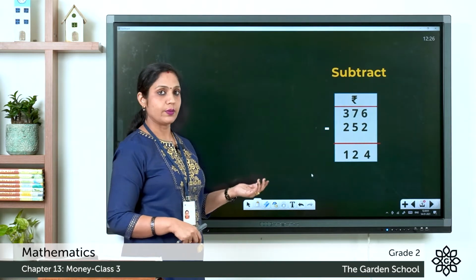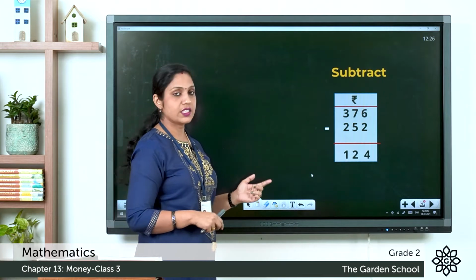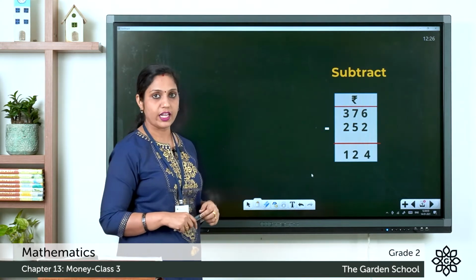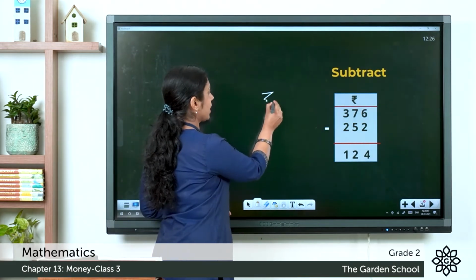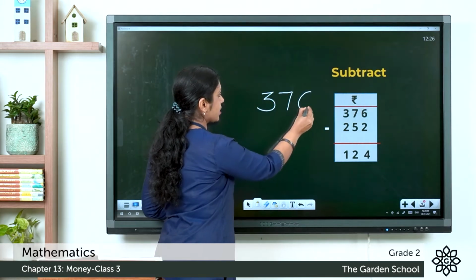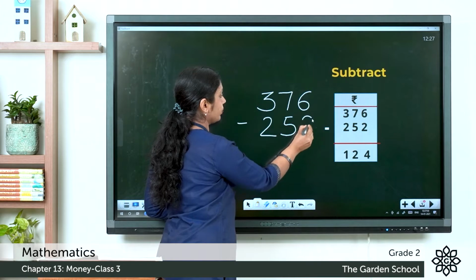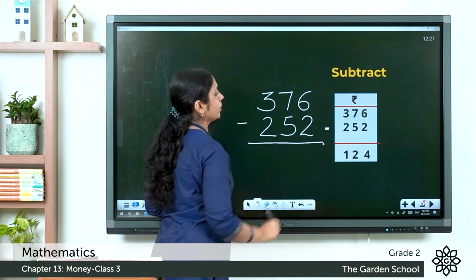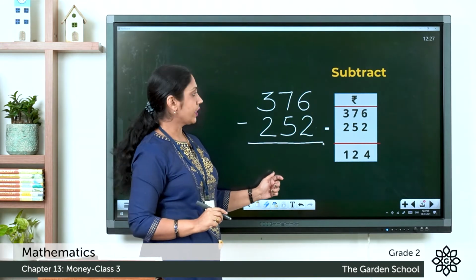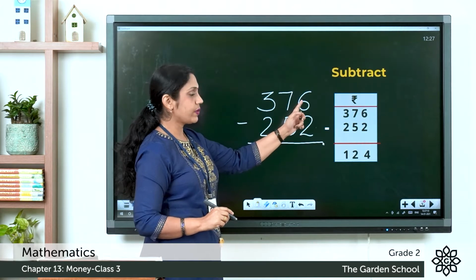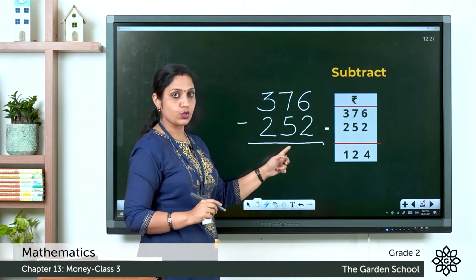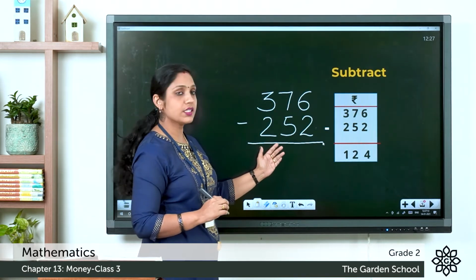Next let's subtract 376 rupees minus 252. First let's write 376 minus 252. Now let's start subtracting from the ones place. In the ones place we have 6 minus 2, and 6 minus 2 is 4.